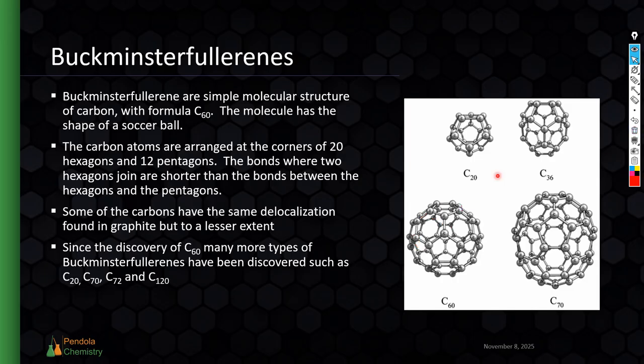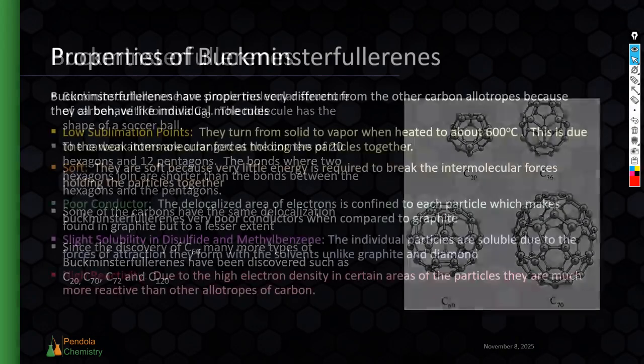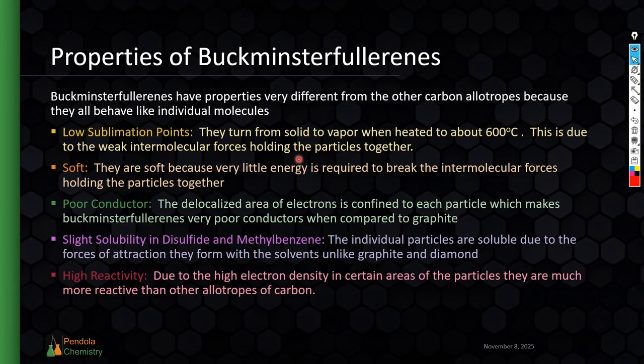So let's talk about the different properties, because by having these little spheres of pentagons and hexagons of carbon, we can have a lot of different and really cool properties in Buckminsterfullerenes. Buckminsterfullerenes have very different properties than most of the other allotropes of carbon.